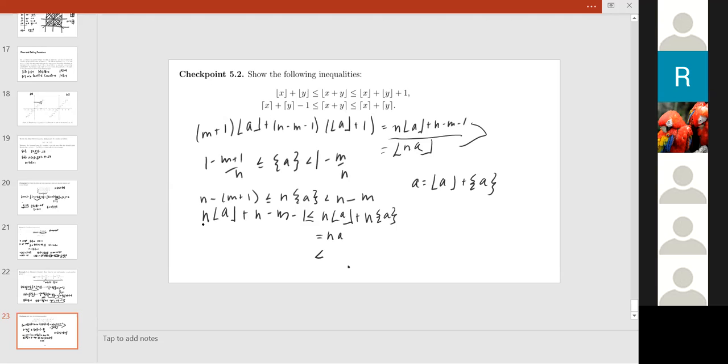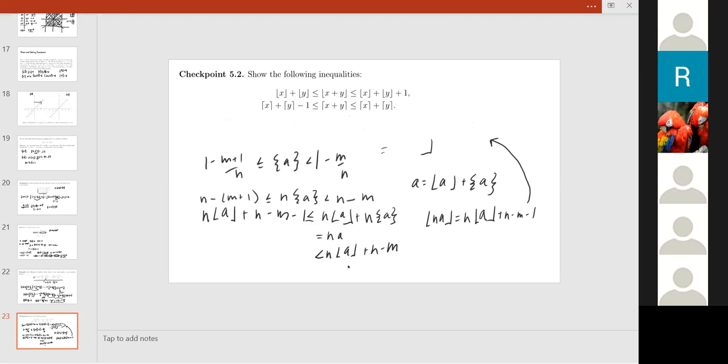This is less than n times the floor of a plus n minus m. So therefore we have that the floor of n times a is equal to n times the floor of a plus n minus m minus 1, which is what we wanted to show here. So that finishes the proof.